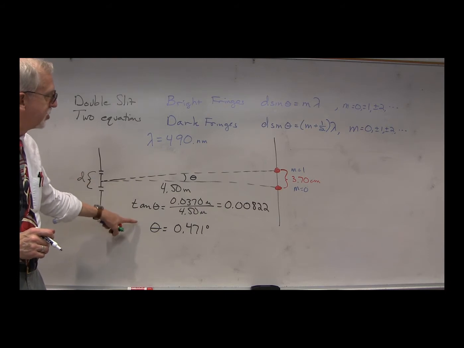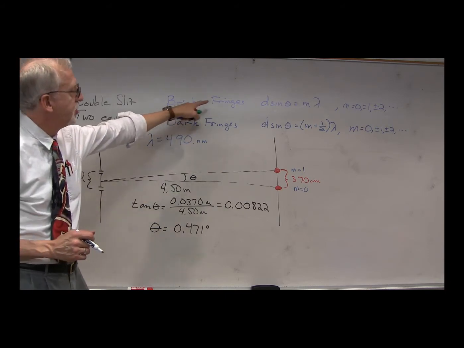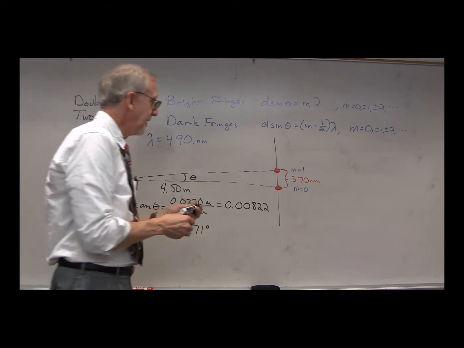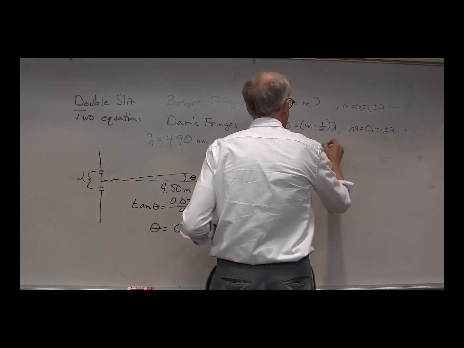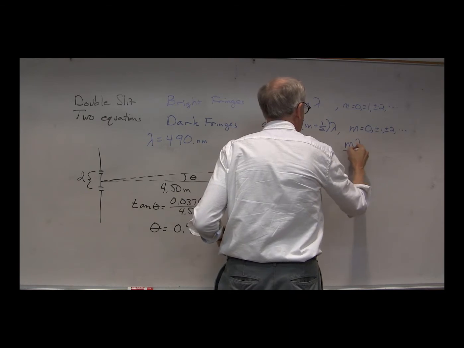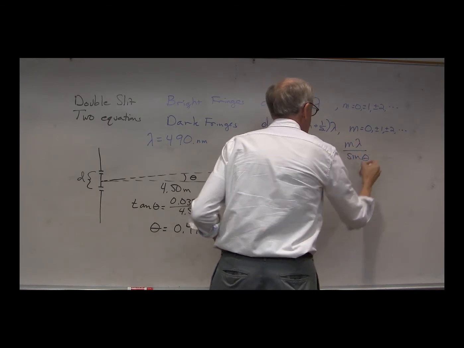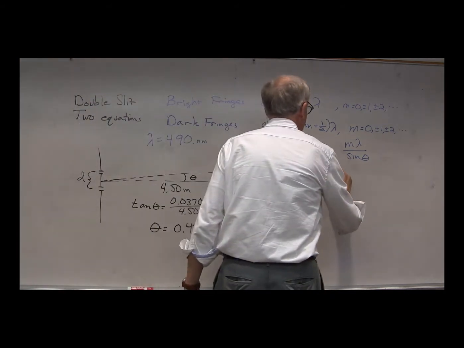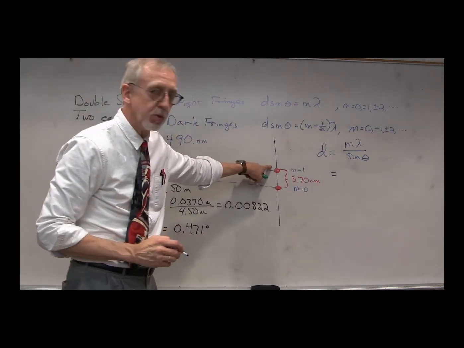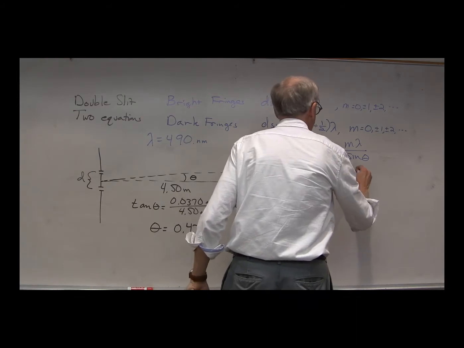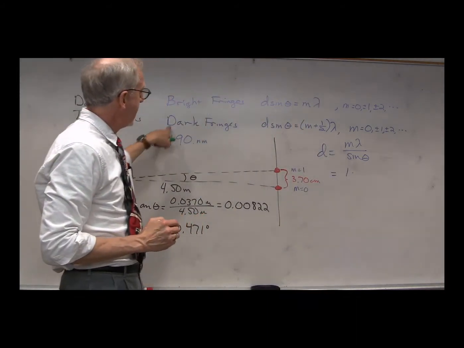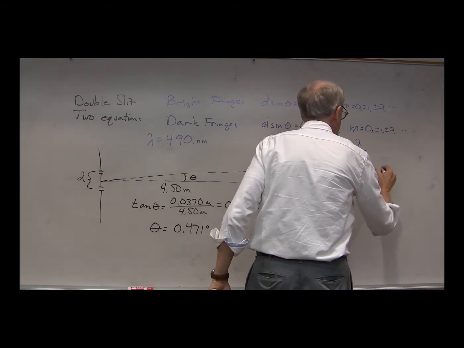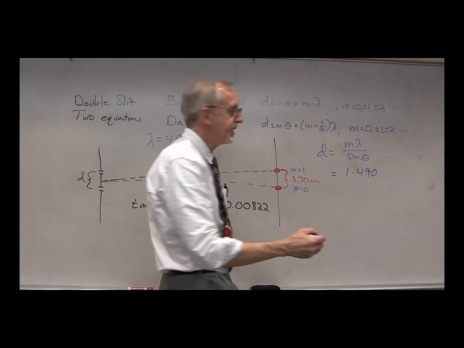So we know that for bright fringes, d sine theta equals m lambda. In other words, d must equal m lambda over sine theta. So we can put in our numbers. For that fringe, m equals 1. Lambda is 490 nanometers, and remember a nanometer is 10 to the minus 9 meters.